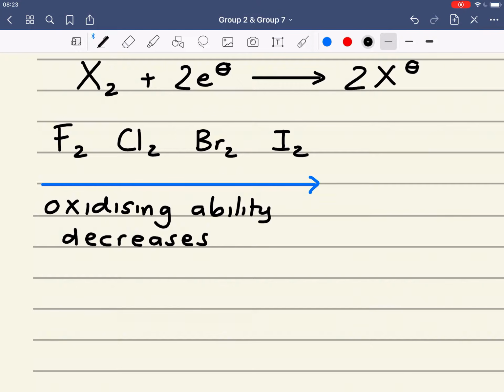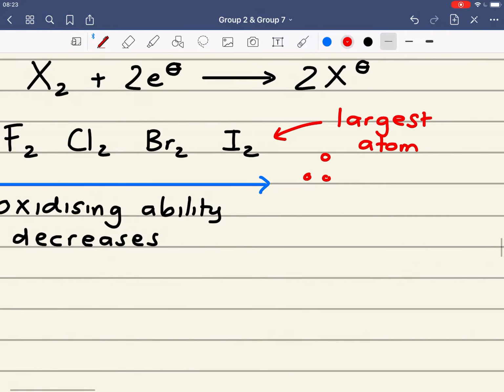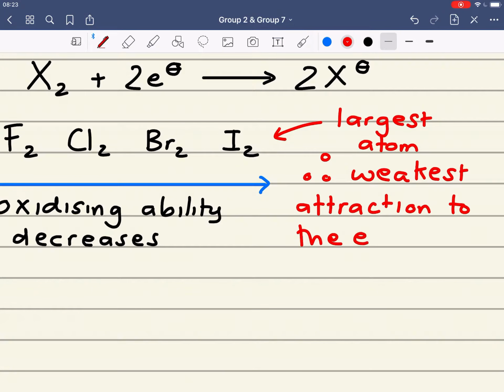And we can explain that because iodine is the largest atom. Therefore, it's got the weakest attraction to the electron that it wants to gain.